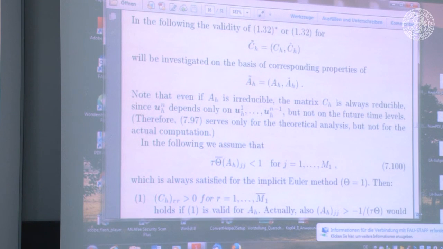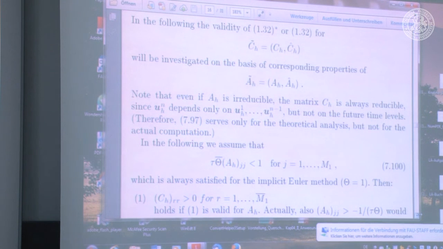So it's basically the same requirement we had before, a requirement on the quotient tau over h squared, but it comes here from a totally different background. The good thing to note is, if we do the implicit Euler method, which I said already, I think 95% of all simulations are done with, then there's no requirement.